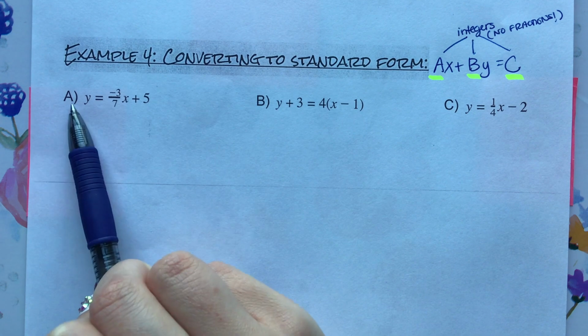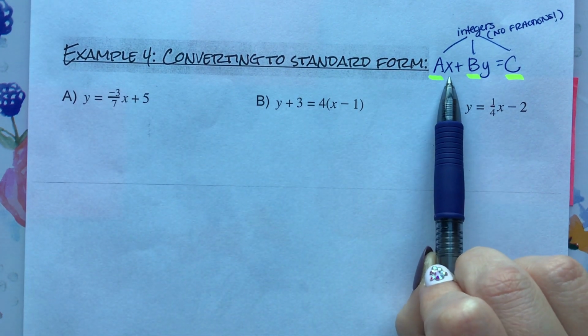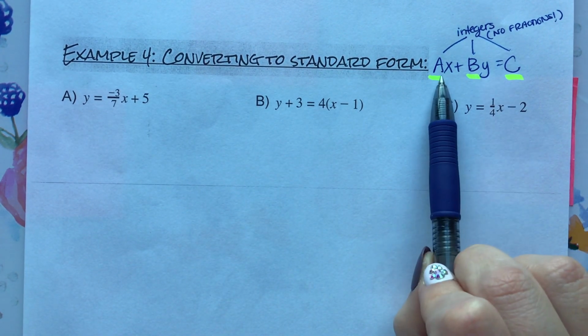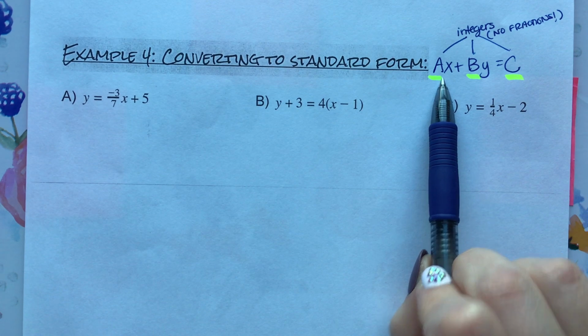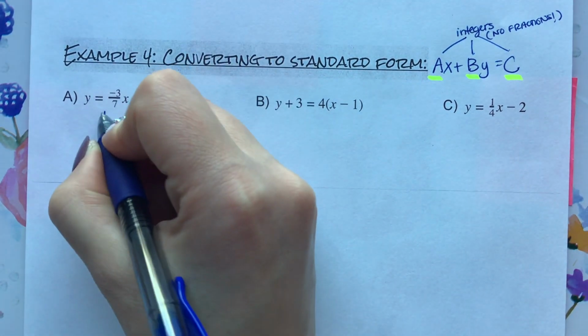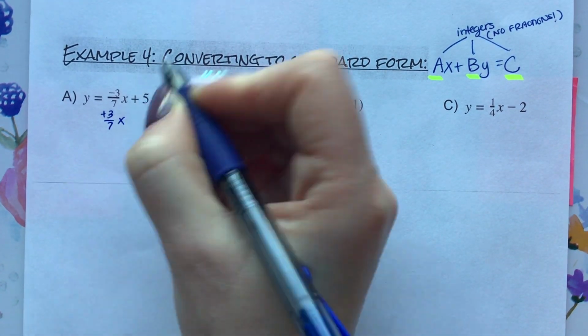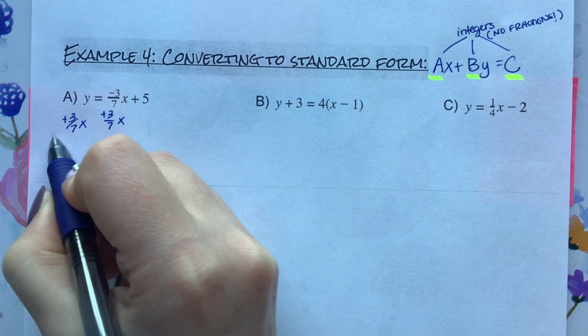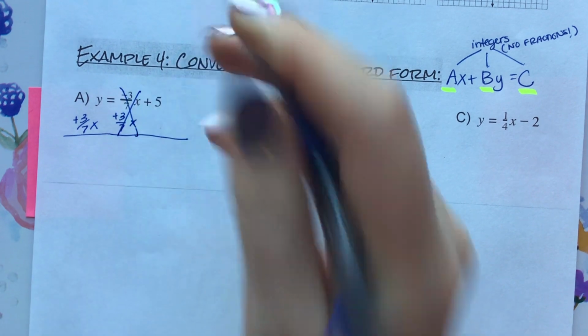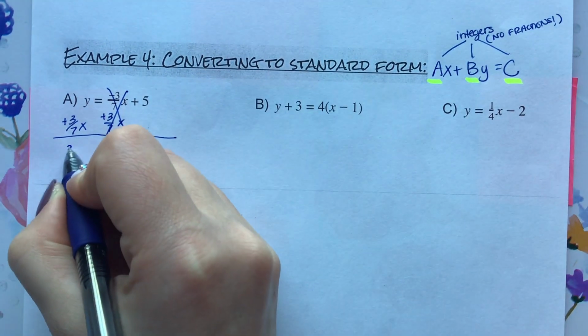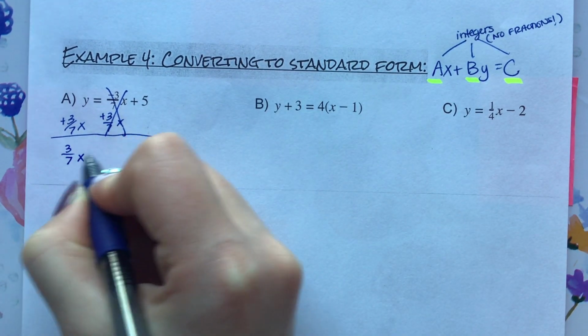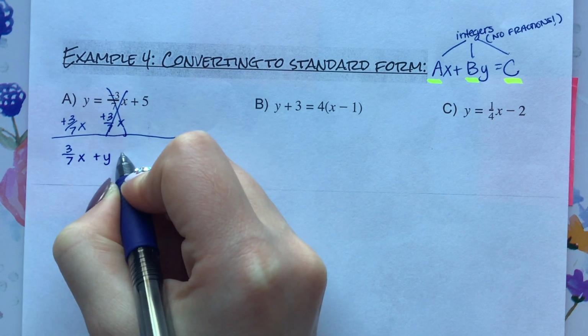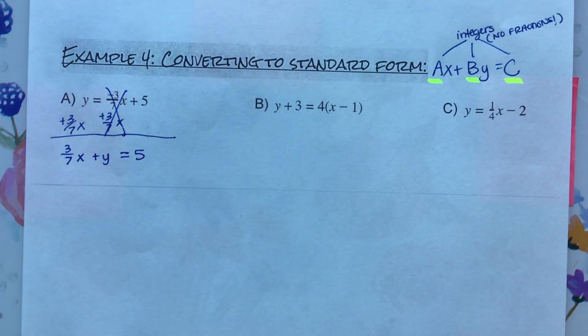I want it on the left side of the equal sign, because notice right here it's on the left. So I am going to add 3/7 x to the right and to the left. And when I do that, they cancel. And then I have 3/7 x plus y is equal to 5.